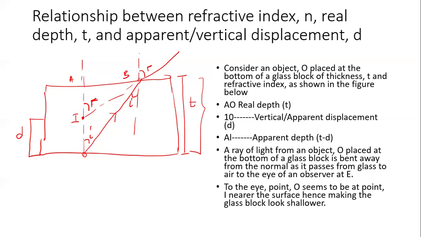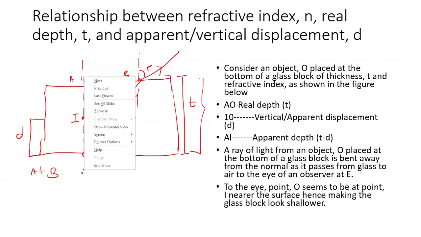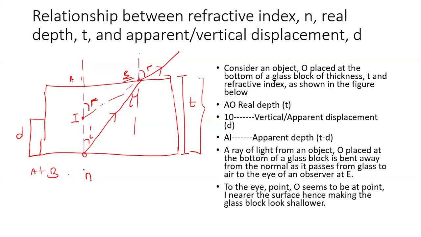Whenever you are doing light experiments, don't forget to put the directions, which are the angles. Snell's law is applicable for whatever step we take. So at B, applying Snell's law, our light is moving from glass, and sine I is equal to N sine R, where N is the medium where light is going.